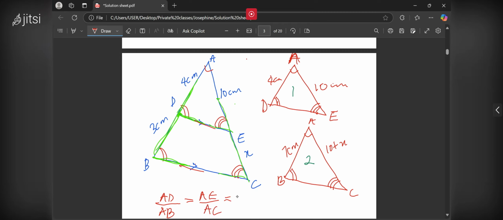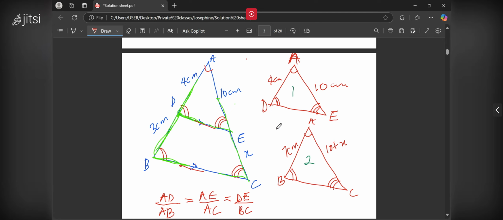And the last one is DE, which corresponds to BC. Good. I told you in the last class that if you are unable to get the ratio of corresponding sides, you will not get the answer correctly. So this is the first part.